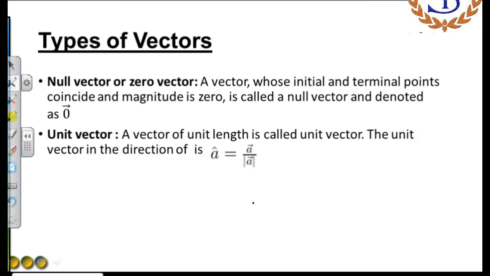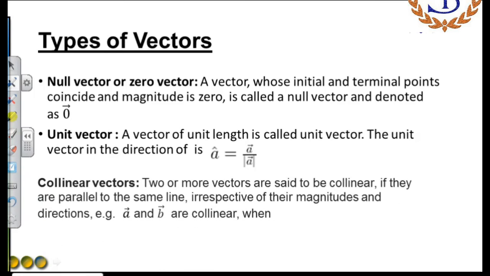Now collinear vector. Next type is collinear vector. Collinear: when a few points 1, 2, 3, 4, 5 all lie on the same line, then these particular points are known as collinear. Now what is the meaning of collinear vectors? Let's see.